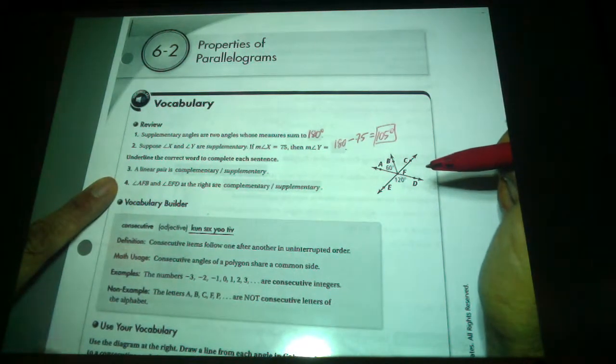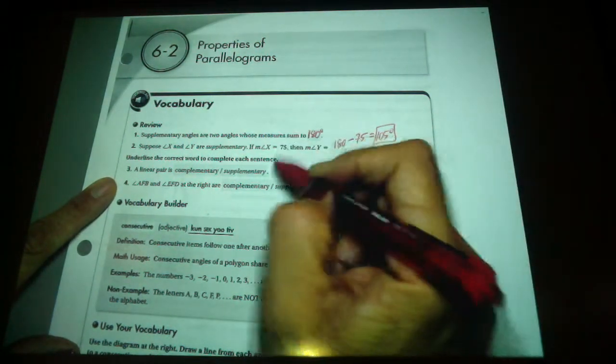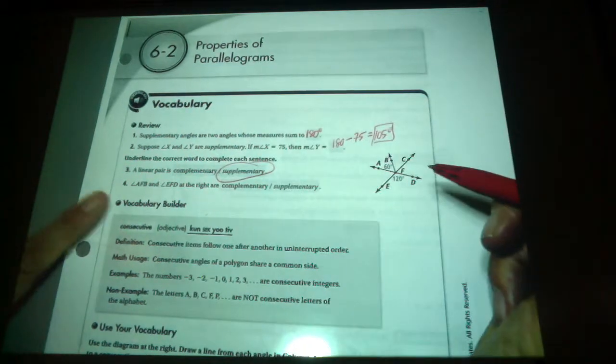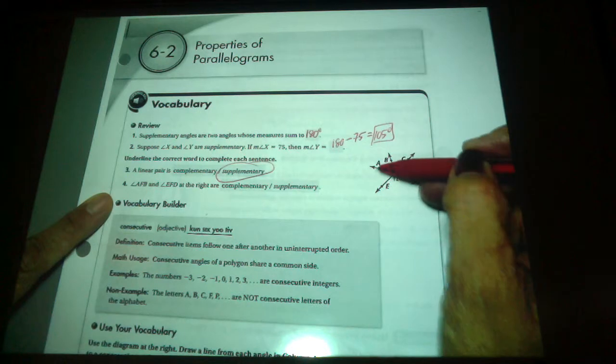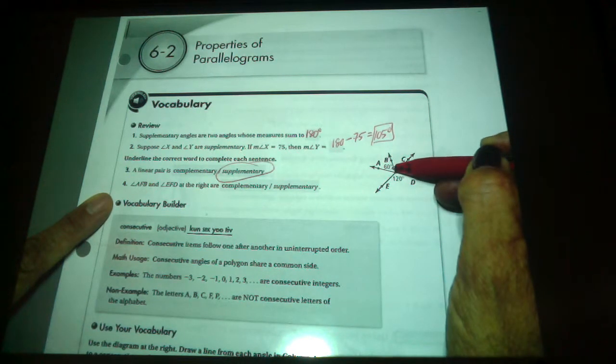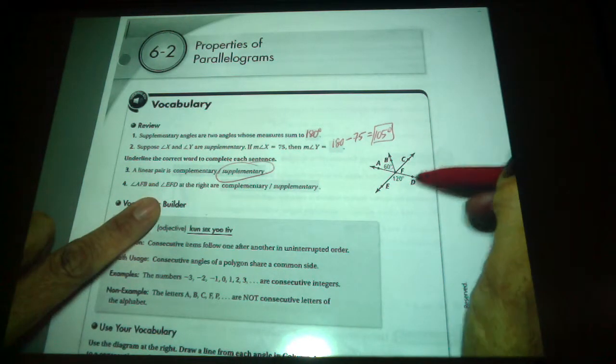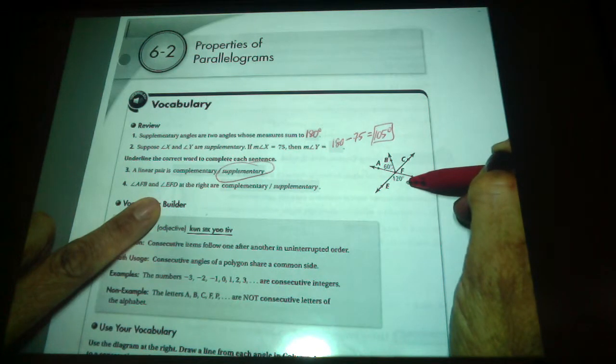A linear pair is complementary or supplementary? Supplementary.